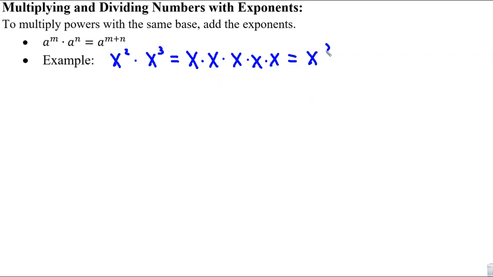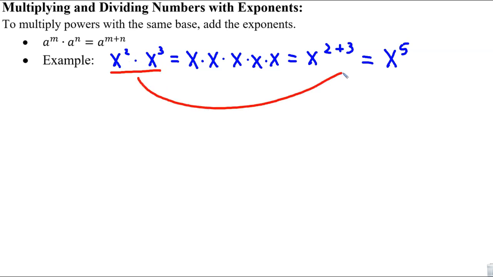That's why we can say it's x to the 2 plus 3, because adding those exponents results in adding the number of times we're multiplying. In other words, we have x to the 5th. This property allows me to jump straight from x squared times x to the third to x to the 5th, again by adding those exponents together.